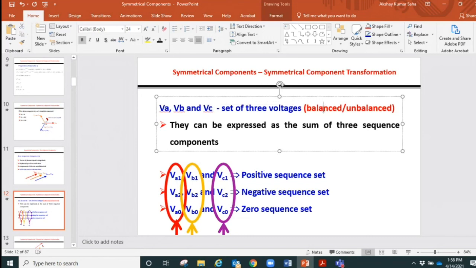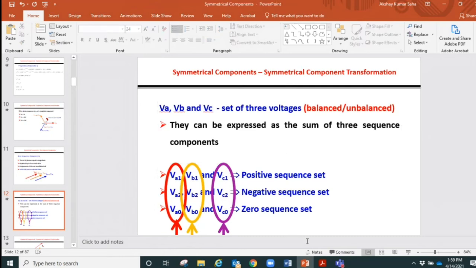It does not matter whether the system is balanced or not. If you have VA1, VA2, and VA0, if you add them, you must get VA. If you have VB1, VB2, VB0, if you add them, then you get VB, and VC will be obtained from VC1, VC2, and VC0. Is that okay?